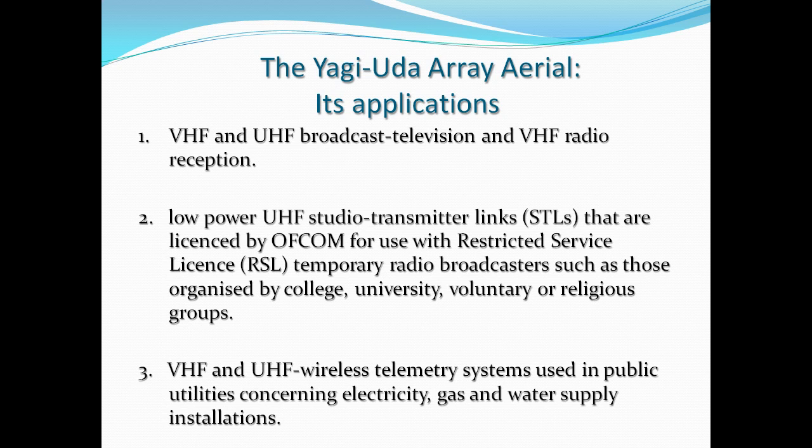Number 2, low-power UHF studio transmitter links that are licensed by the Office of Communications for use with restricted service license temporary radio broadcasters such as those organised by college, university, voluntary or religious groups. Number 3, VHF and UHF wireless telemetry systems used in public utilities concerning electricity, gas and water supply installations.